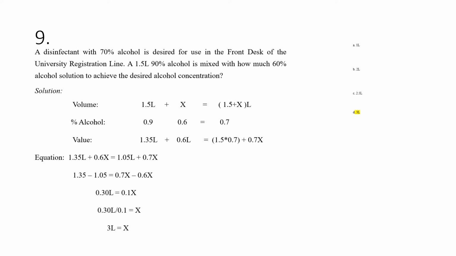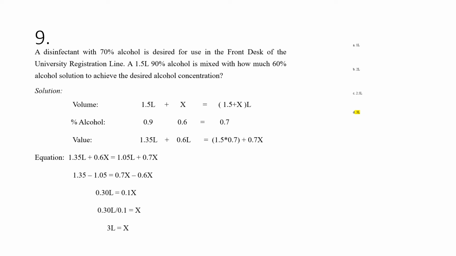Moving the variables, the equation becomes 1.35 liters plus 0.6X is equal to 1.05 liters plus 0.7X. All the X variables go to one side of the equation, so we move the X's to the right side and the constants to the left-hand side.